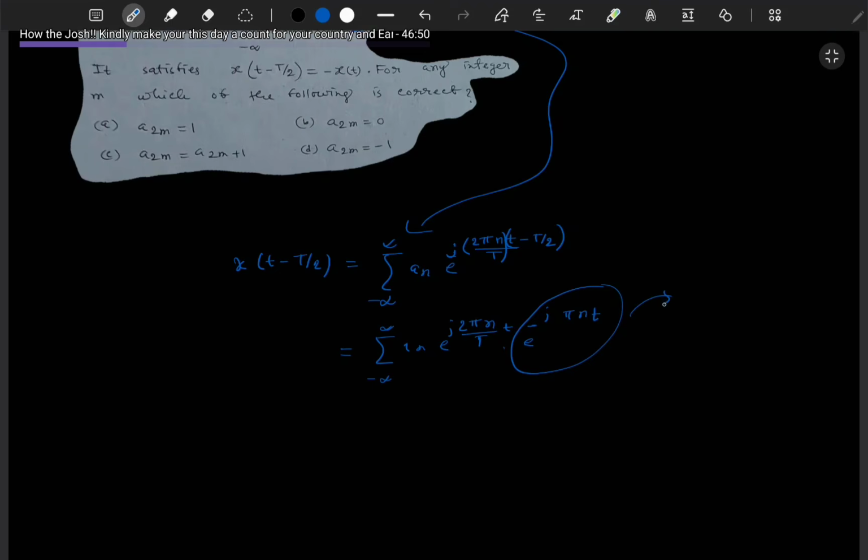Now this value is minus 1 to the power n.